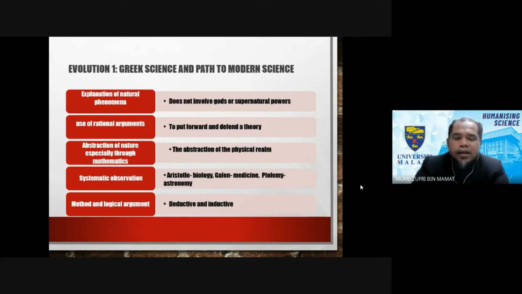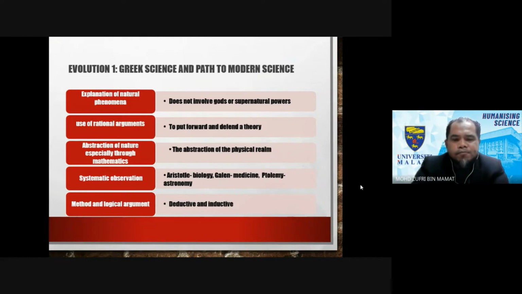For example, tides are associated with the gravity of the moon and not due to the anger of the gods, Dewa or Devi. Here we can see a rational feature in Greek science.